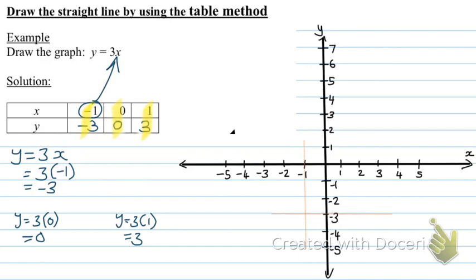Then where they intersect, I make a little dot. Then at 0, 0, that's the origin, so that's there in the center. At 1 and 3, I make a line at 1 on the x-axis. Goodness, let me just make it longer. 1 on the x-axis, 3 on the y-axis, and where they intersect, I make a dot.